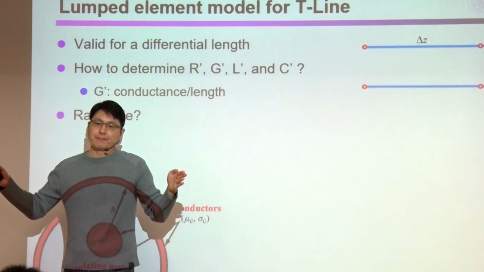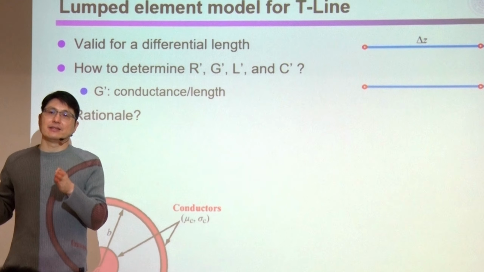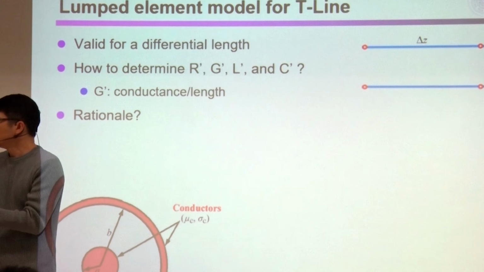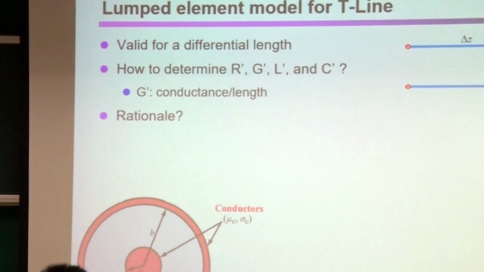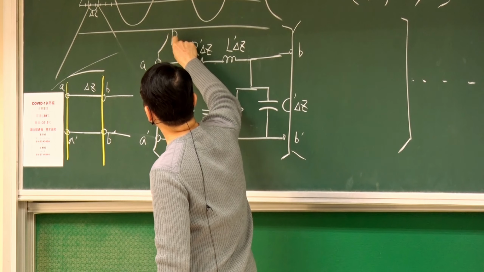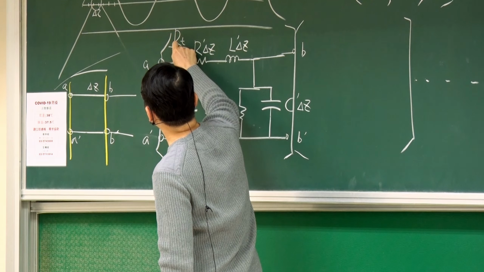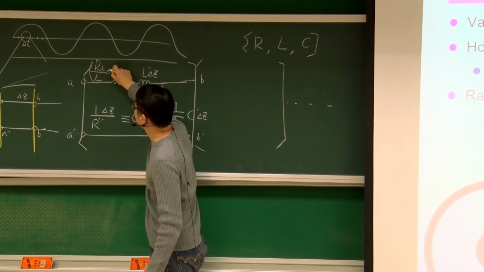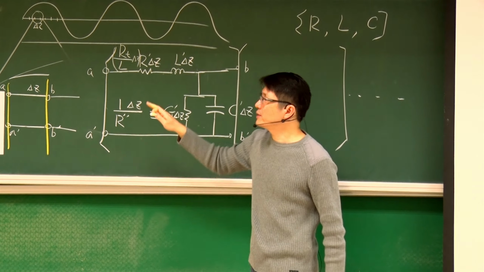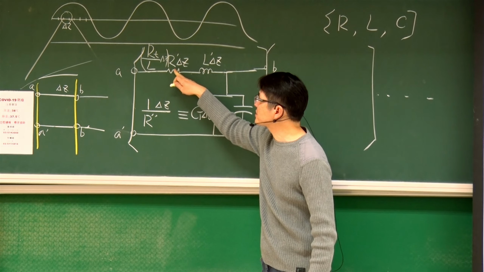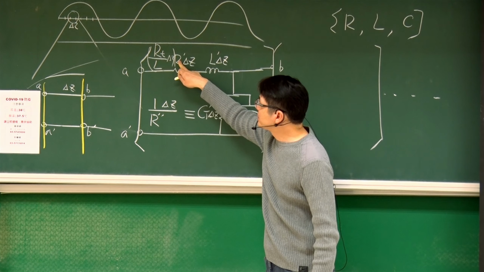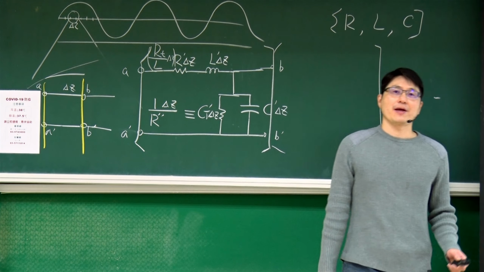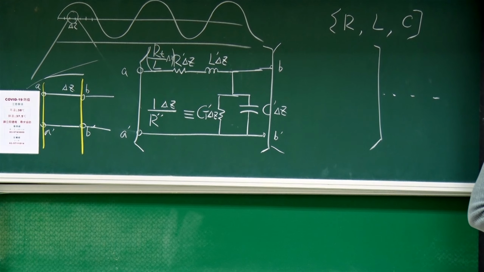Because eventually we dissected the transmission line into many, many small segments. So here, I need to have the total resistance divided by the whole length, and then times delta Z. So the total resistance is the resistance per unit length times the differential length.